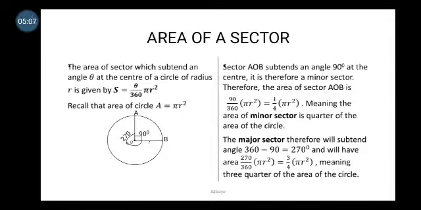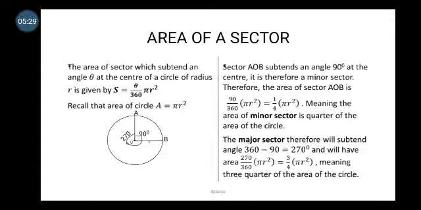So let's consider an example. Look at the diagram. There are two sectors there. One subtends an angle of 90 degrees at the center and the other subtends an angle of 270 degrees at the center. If you add the two angles together, they sum to 360 degrees.